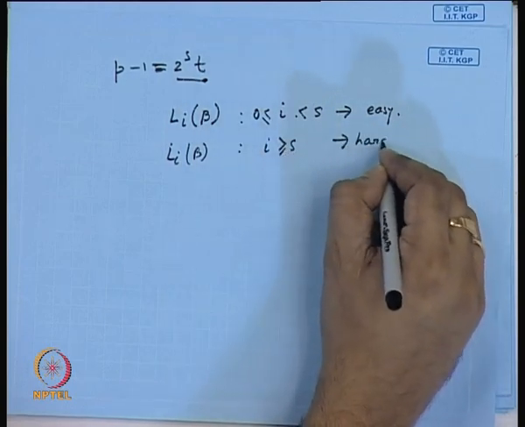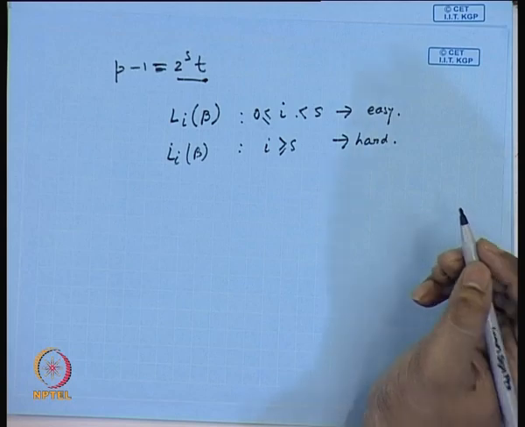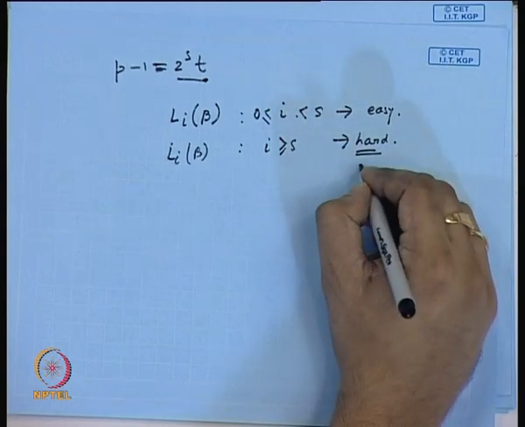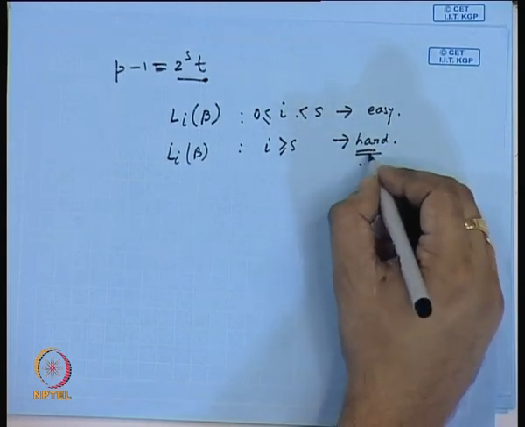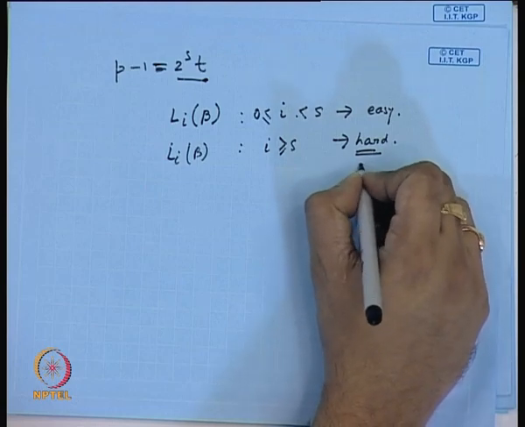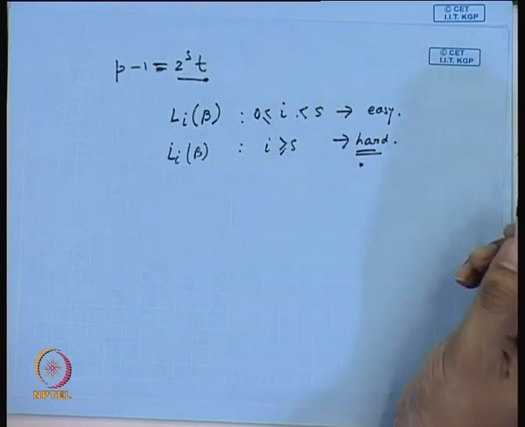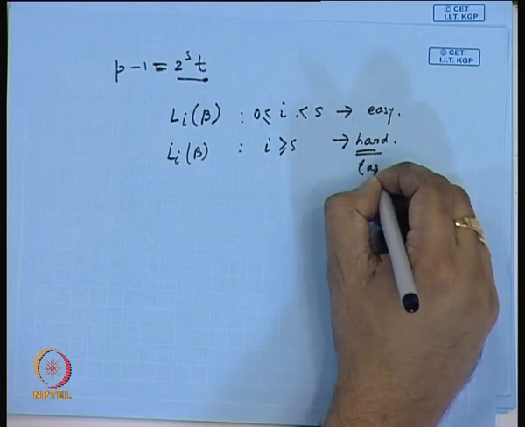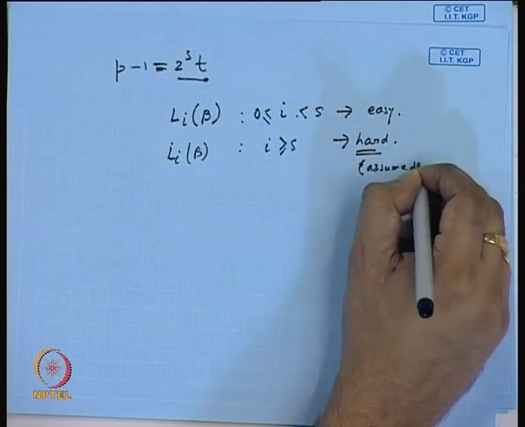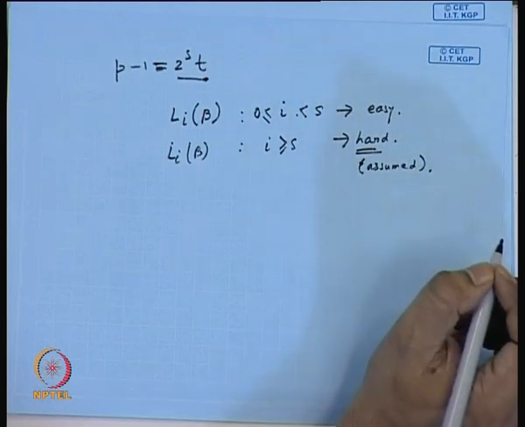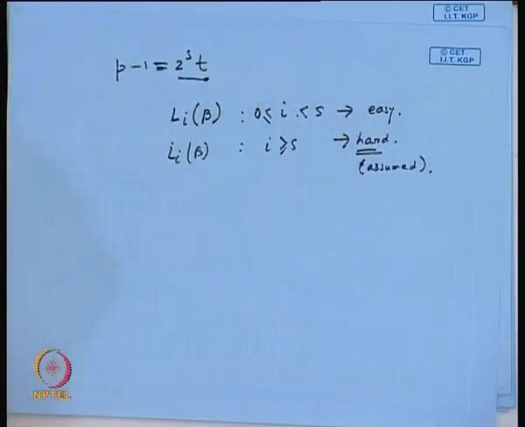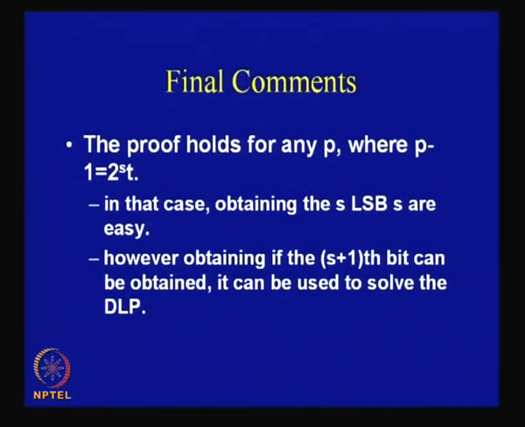It is difficult in the sense that if you are able to solve this problem, then you are able to solve the discrete log problem. Okay. So when I say hard, it is an assumed hardness, right. Is this part clear?